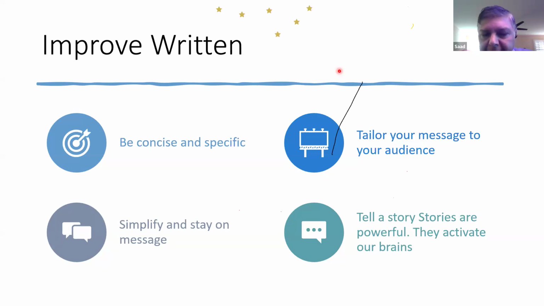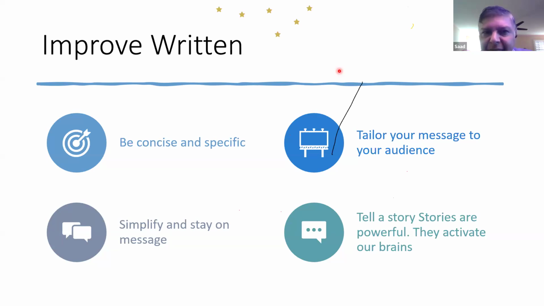Third is simplify the message always. And like I said, do not digress or lose the focus of the message. Always stay on the message. A good writer, a good communicator says things very succinctly, in a very simplified manner, using very good vocabulary, very good English words.